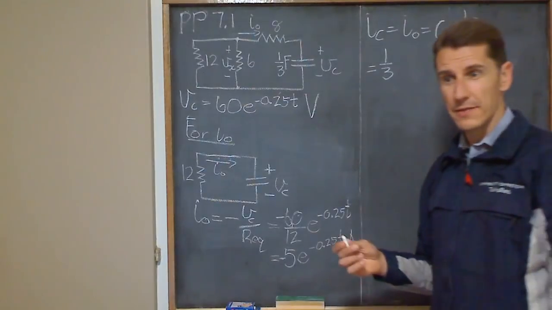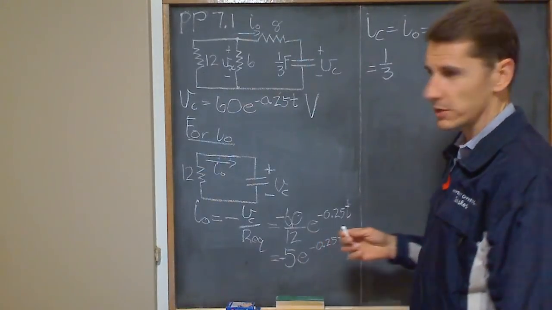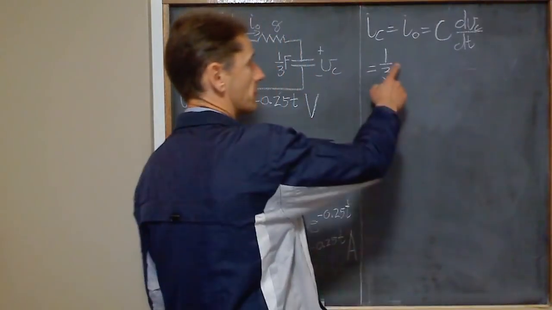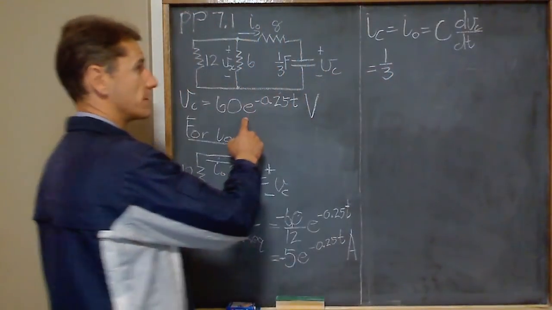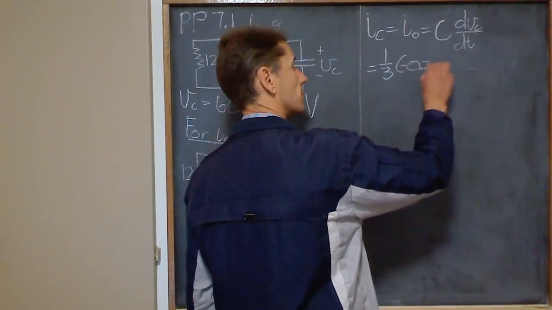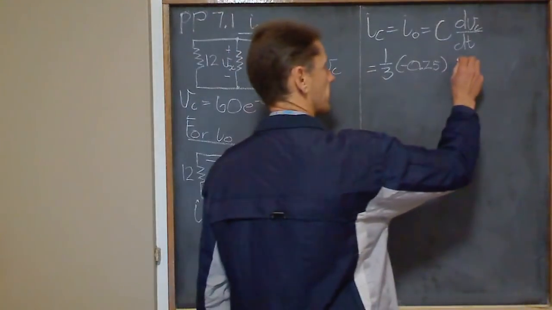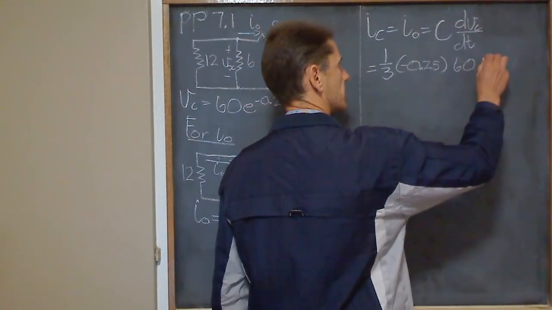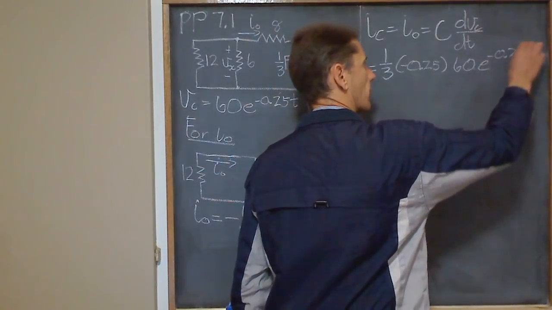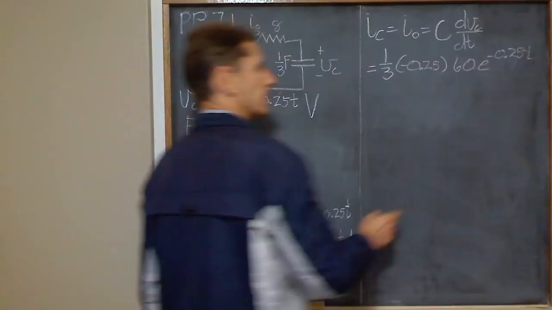And then we need to take the derivative of the voltage. So the derivative of this is going to become minus 0.25 times the 60 e to the minus 0.25 t.